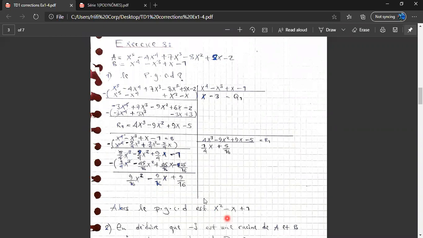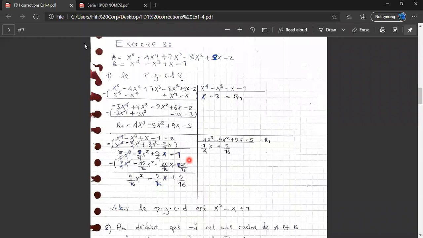So I encourage you, when you're doing the PGCD or the division in gradient, just be careful, relax, be calm, so that you don't make any errors, because when you make an error here, everything down will be wrong. So just be calm, just be relaxed. When you find this, the rest will be easy.